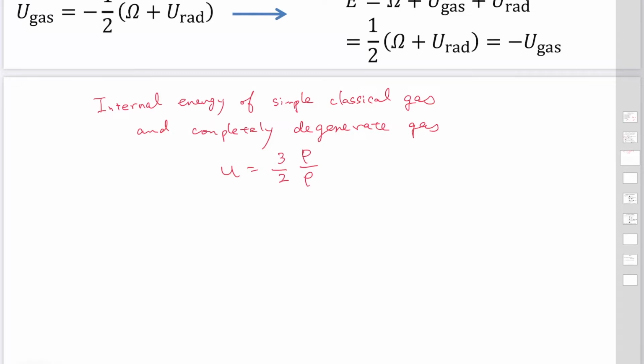This is the case of the internal energy for a simple classical gas and a completely degenerate gas.